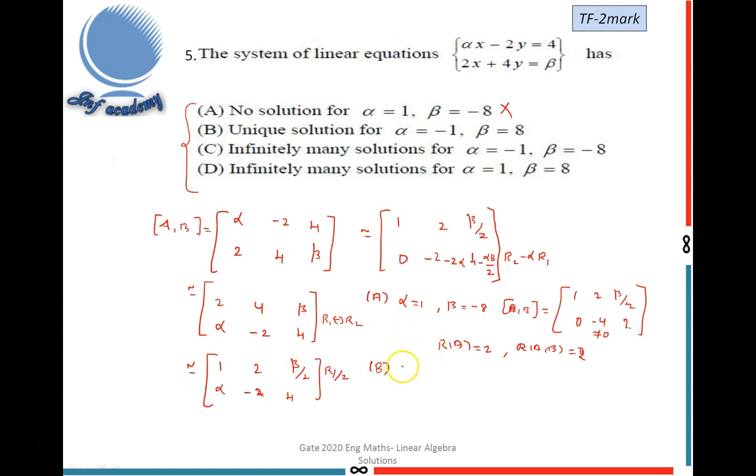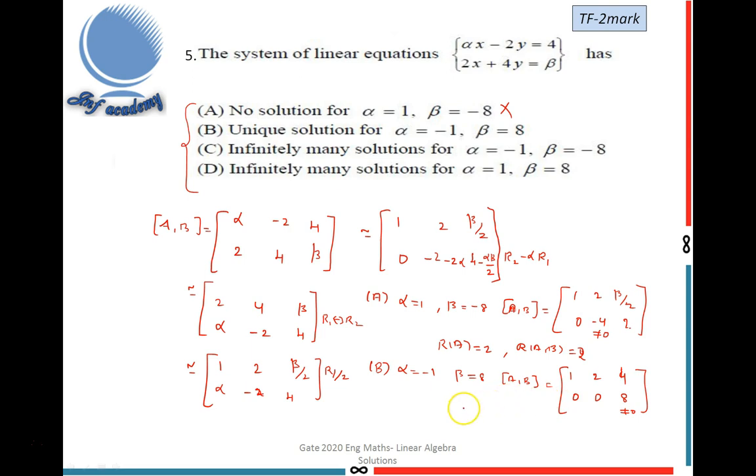Option B gives alpha equal to minus 1, beta equal to 8. In this case, A comma B equal to: first row is same, 1, 2, beta value substituting 8, then 4. Next 0, alpha equal to minus 1 means minus 2 plus 2, 0. And beta equal to 8, alpha equal to minus 1 means this is 8, not equal to 0.